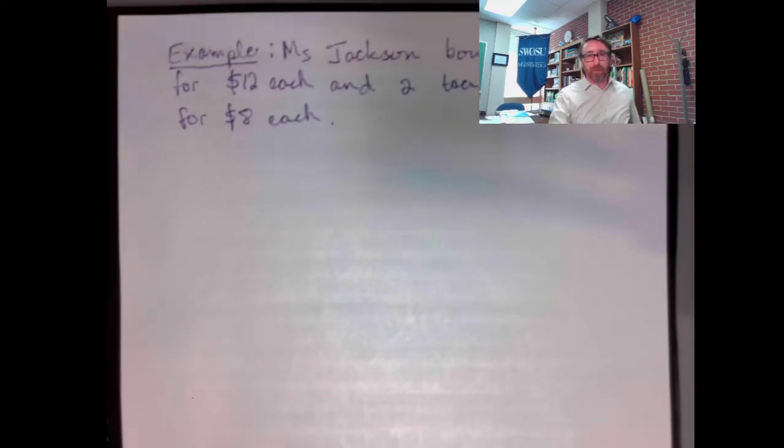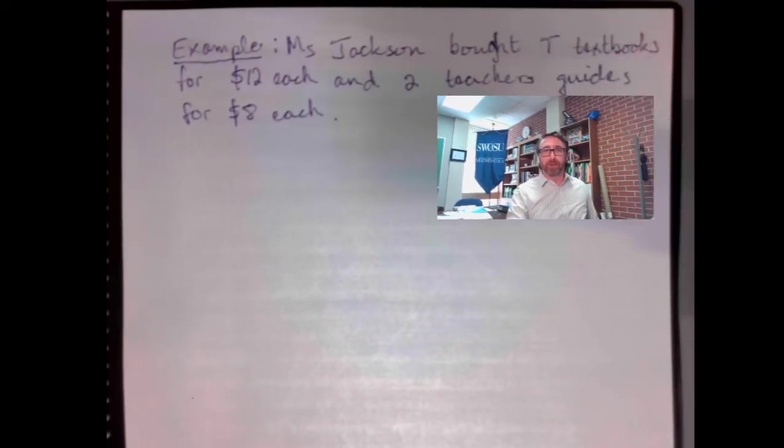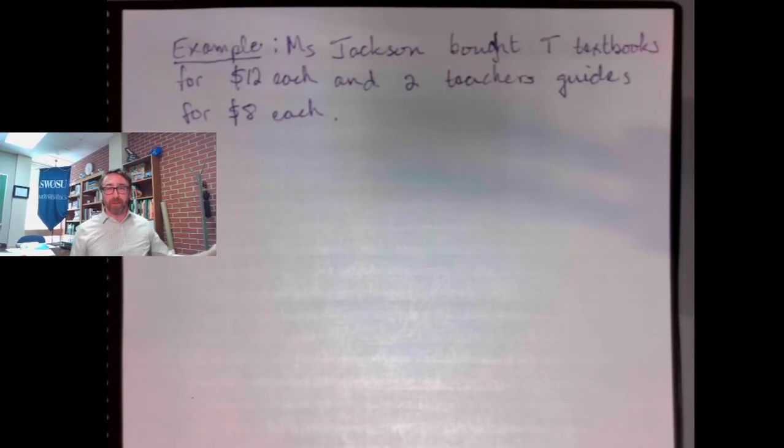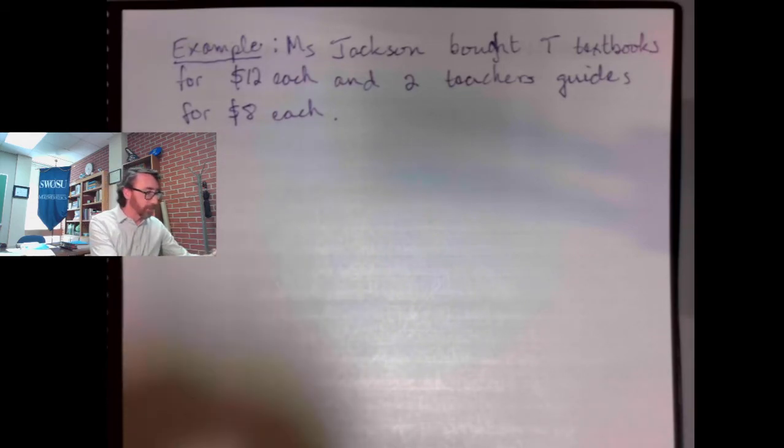Okay, another calculation kind of like that. Miss Jackson bought T textbooks for $12 each and 2 teacher's guides for $8 each.